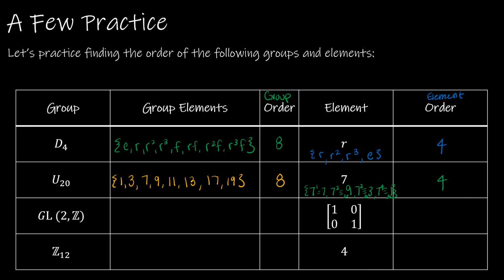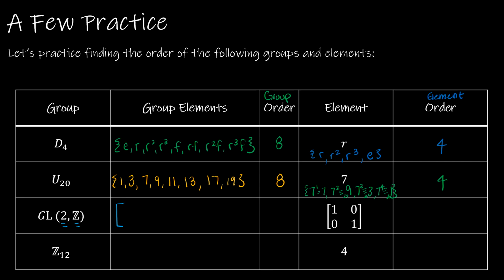Now let's look at the general linear group. Remember, the general linear group, we're just talking about a matrix. This tells us that we're looking at a 2 by 2 matrix, and Z tells us that all of the entries are integers. So what are the elements? Well, I can't even write them all, right?